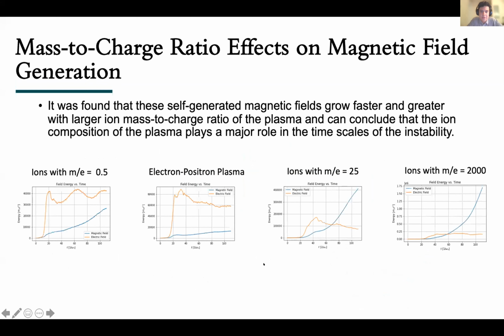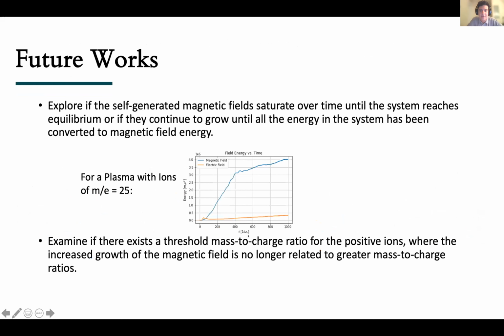These are different plots of the magnetic field generation, as well as the electric field energy. We see that the growth rate of the magnetic fields grows faster and larger for ions with different mass-to-charge ratios.